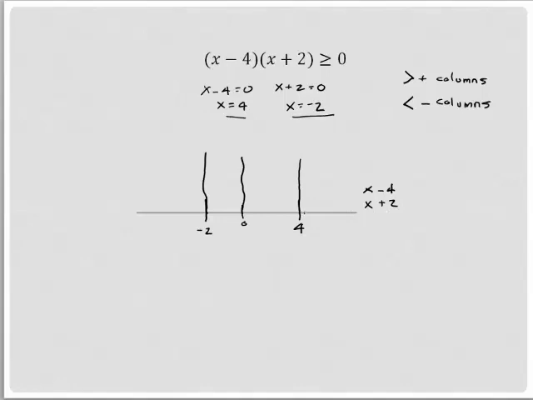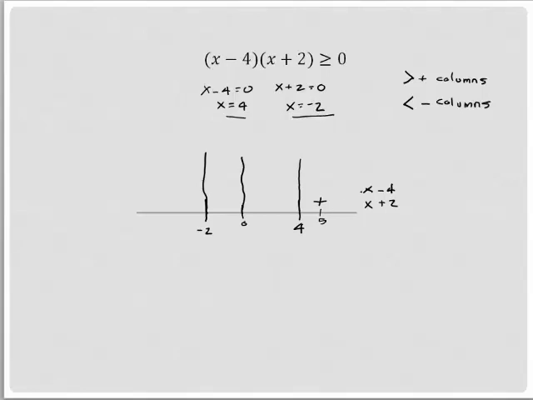Okay. If we pick any number along this line, that would be 5, 6, 7, 8, 9. Let's say 5. Okay, let's pick 5. 5 plus 2, would that be a positive number or a negative number? Be 7, positive 7, so it would be a positive number.